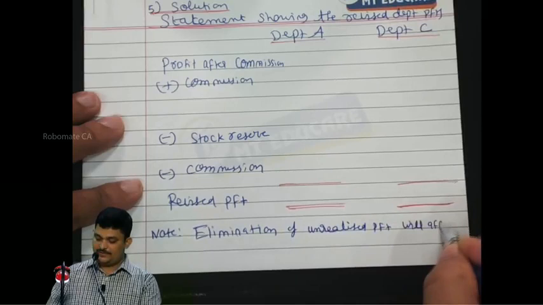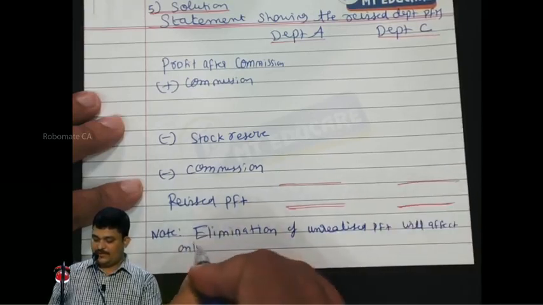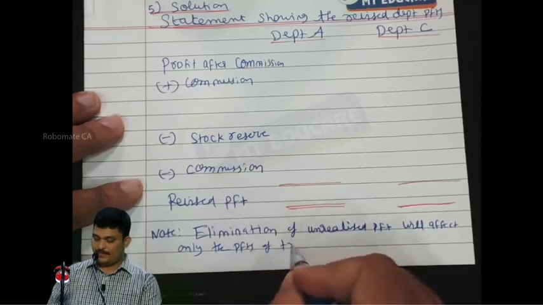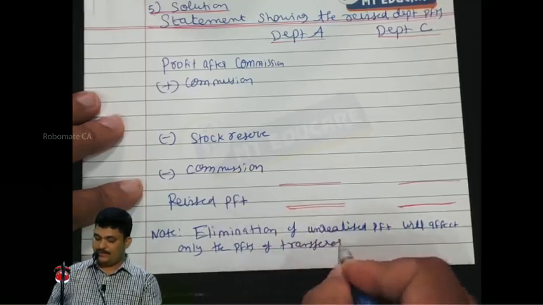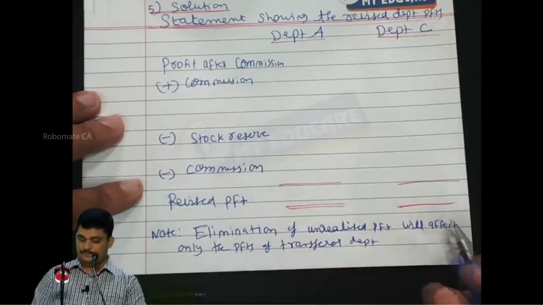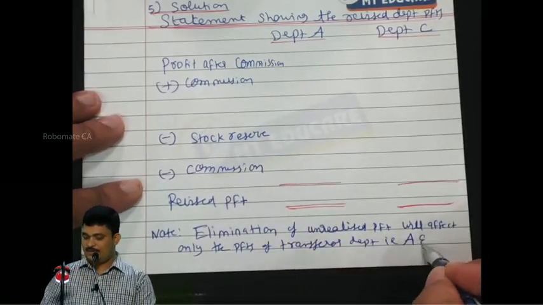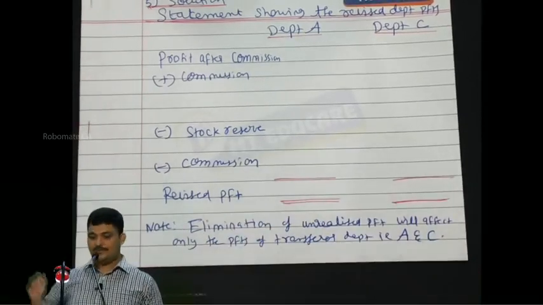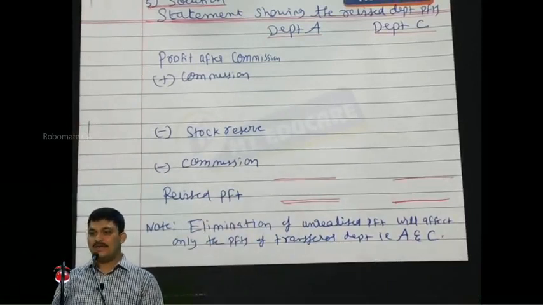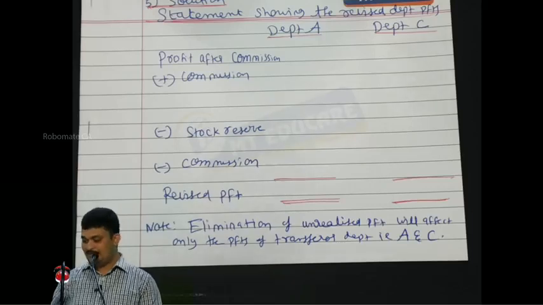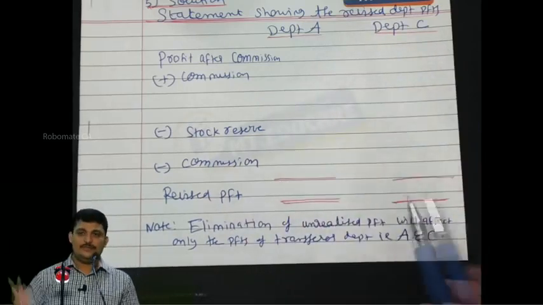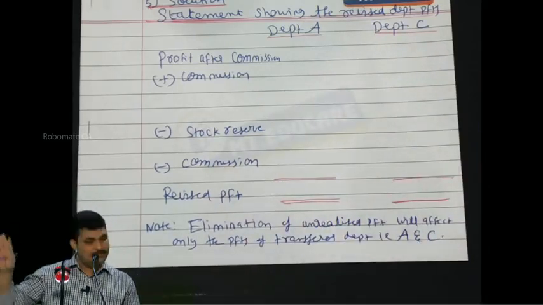Elimination of unrealized profit will affect only the profits of transferor department, that is A and C. You can provide the comment that it will not affect transferee department, that is B and D. Everybody, that is why in the statement you have taken only A and C. So B and D's profit remains the same.